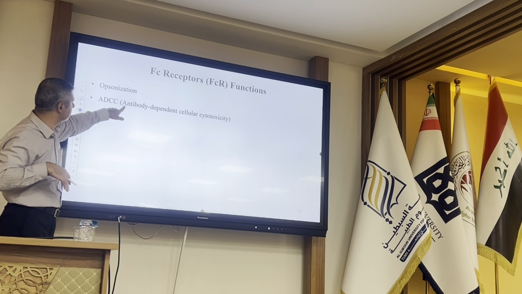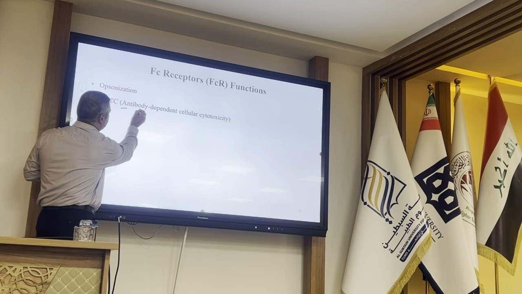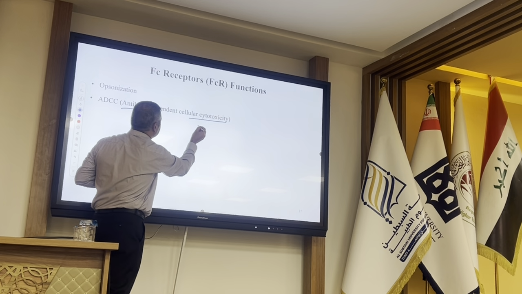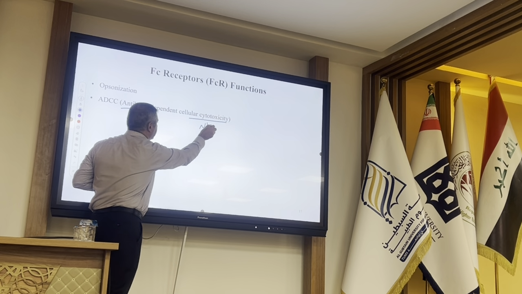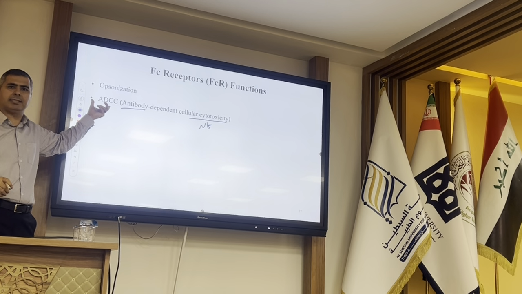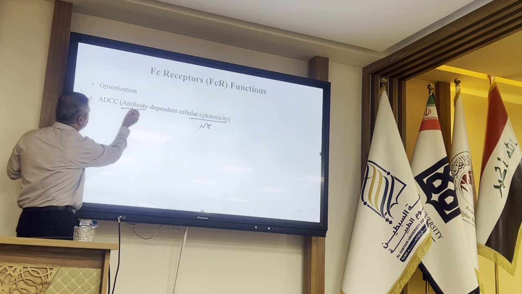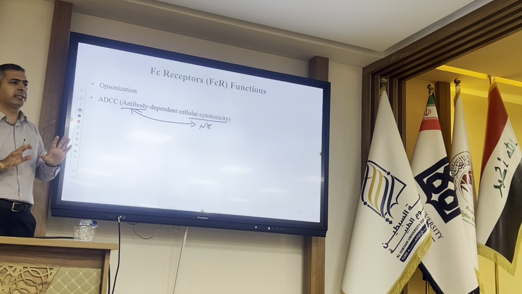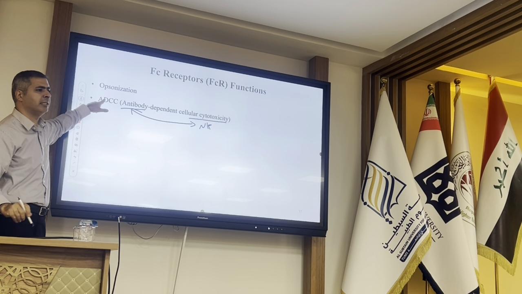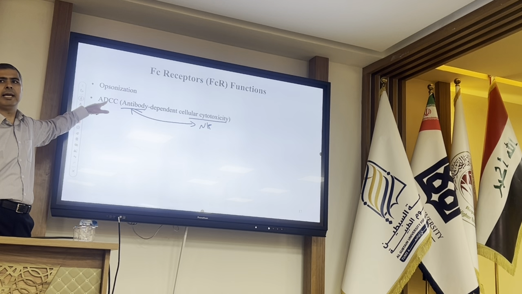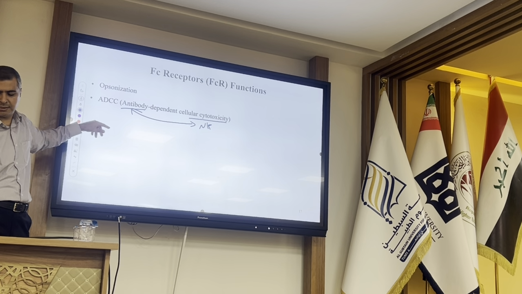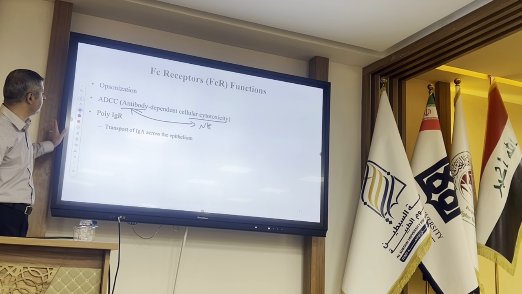That's why it is called antibody dependent cellular cytotoxicity. This cytotoxicity is made by NK cells. So in the ADCC, we have involvement of both antibody and NK cells. And I'll talk about them in the next slides. So one function of antibody is ADCC. Opsonization, ADCC, 2 functions.